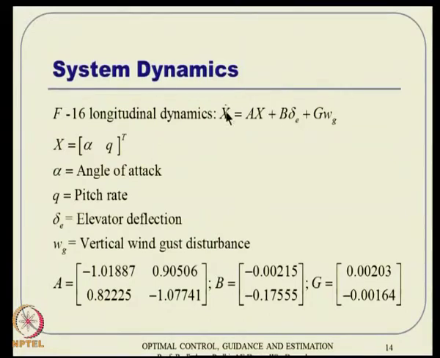So, the dynamics that you consider is alpha dot and q dot, angle of attack rate and pitch rate, and these are strongly coupled with delta E, elevator deflection. The dynamics about some operating point happens to be like this, where A and B matrices are given like that.